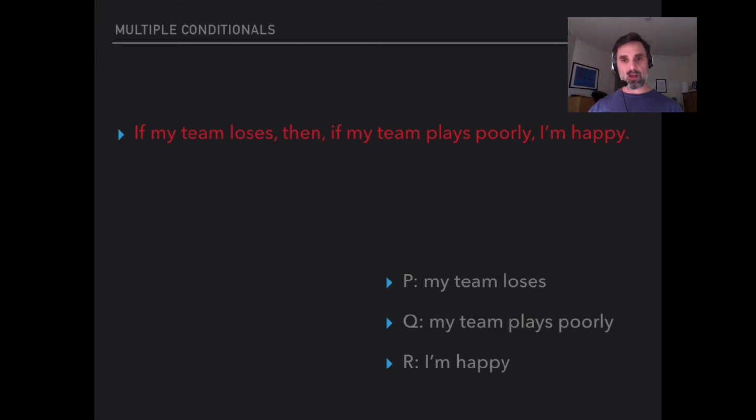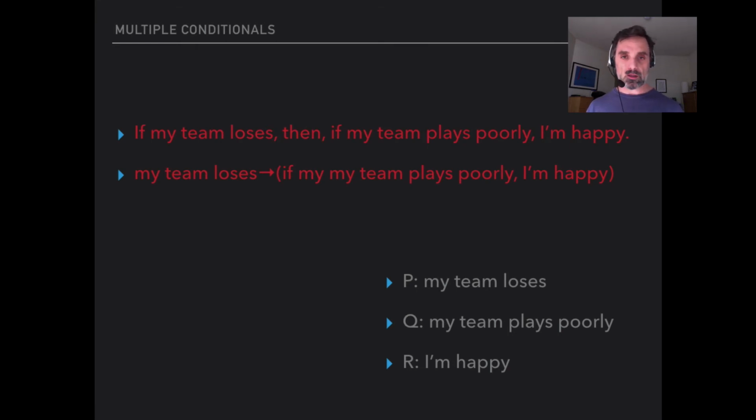And after the then, we have another little if sentence. So the initial if gives us the antecedent, and the then gives us the consequent of the sentence itself. So we have my team loses, arrow, if my team plays poorly, I'm happy. The if my team plays poorly, I'm happy, that's what the then attaches to. And so that conditional goes in the consequent.